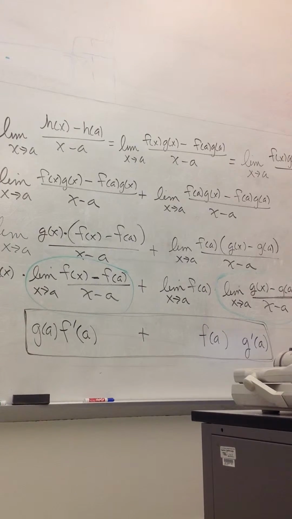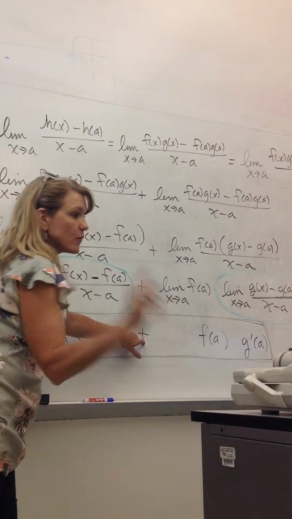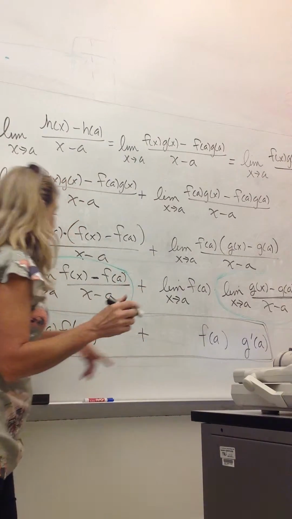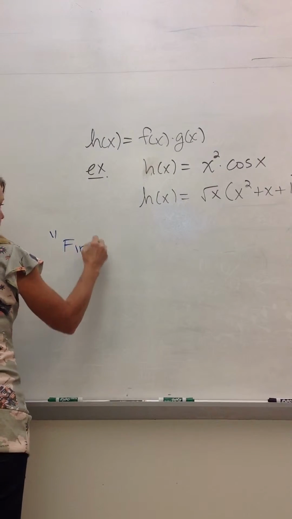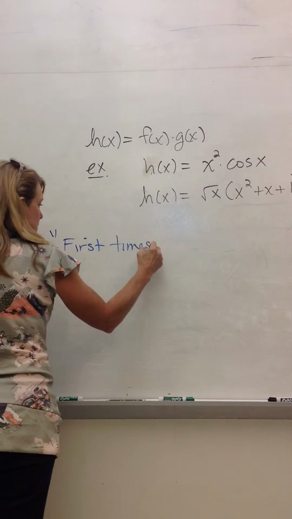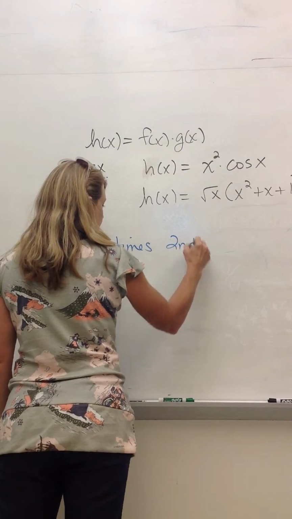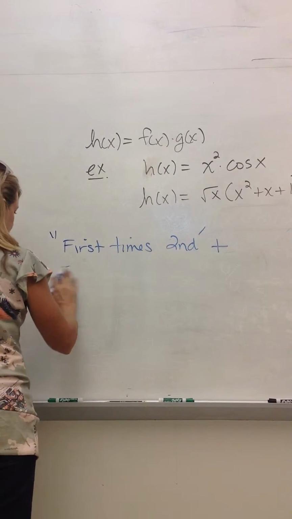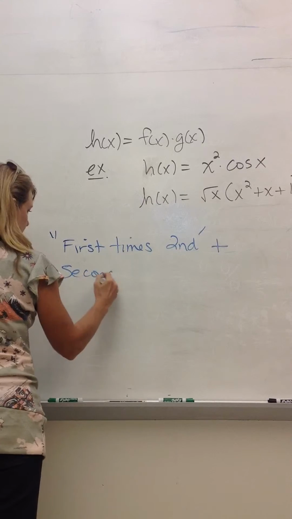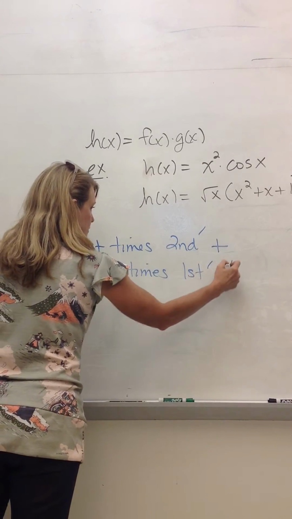Which one you do first doesn't matter because you're adding, and the order that you add doesn't matter. But people tend to learn this as first times the derivative of the second plus the second times the derivative of the first.